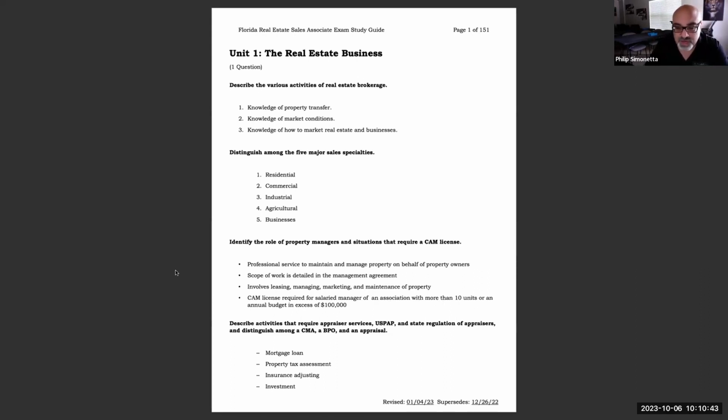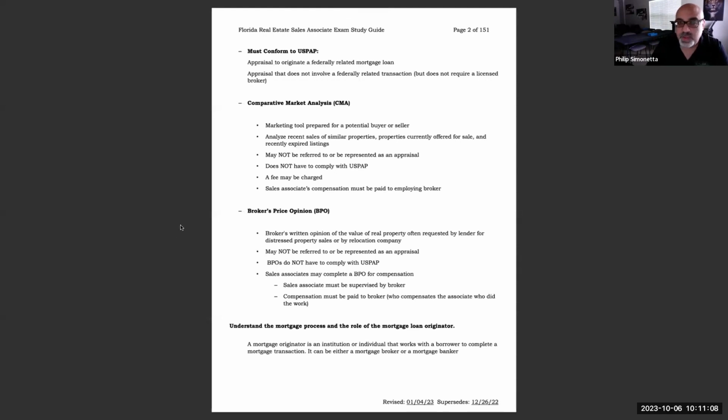And then describe the activities that require appraiser services, the USPAP forms, and state regulation of appraisers, and distinguish among a CMA, BPO, and an appraisal. So what are appraisals done for? Mortgage loans, property tax assessment, insurance adjusting, and investment.